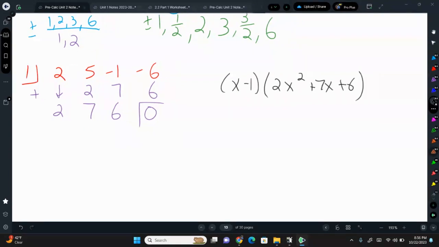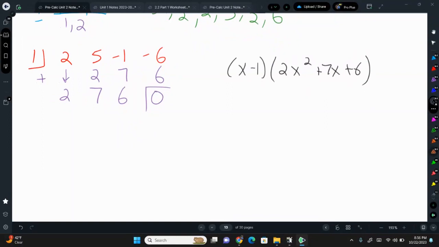And we say, can we factor that? If we multiply 2 and 6, we get 12. Are there two numbers that multiply to 12 but add to 7? That would be 4 and 3. So x minus 1. Then we have 2x squared plus 4x plus 3x plus 6. And then we can do our factor by grouping.